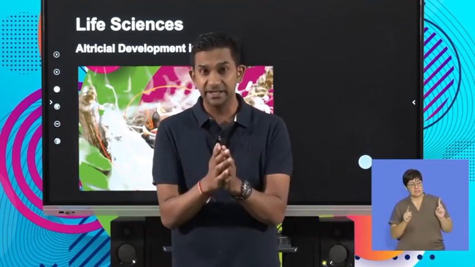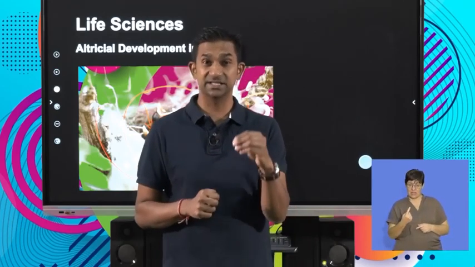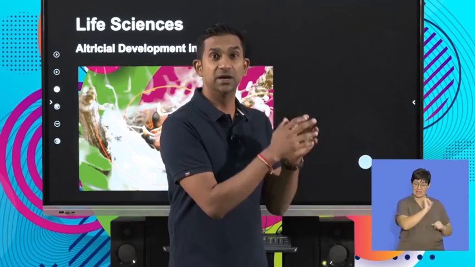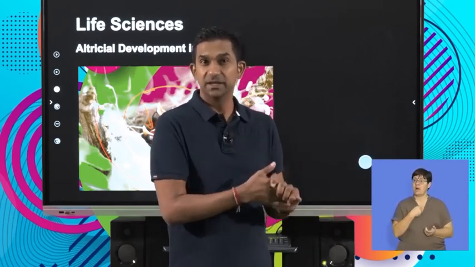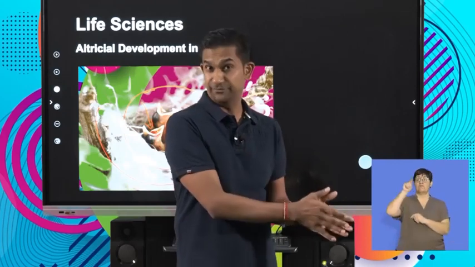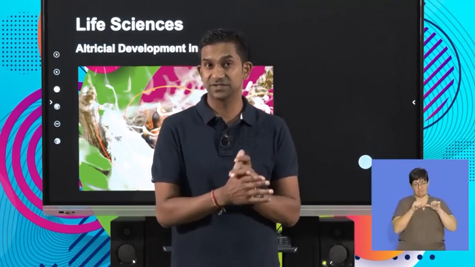However, we need to recognize that at the end, every species that exists today is successful because of their own unique reproductive strategies. So if you were to ask me, would the birds that live on the ground have been more successful if they had changed from precocial to altricial? The answer would be actually no, because each species has adapted to their unique strategies in terms of increasing their chances of survival.